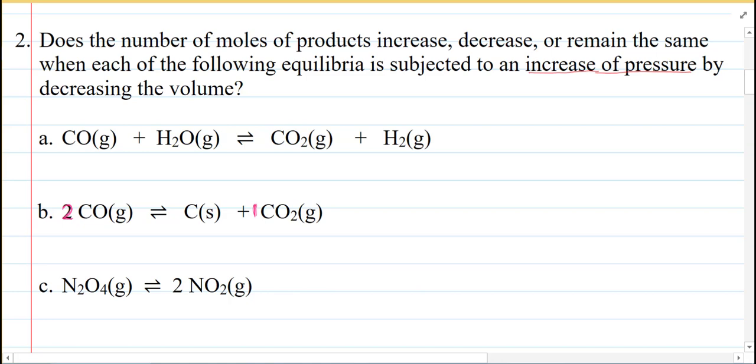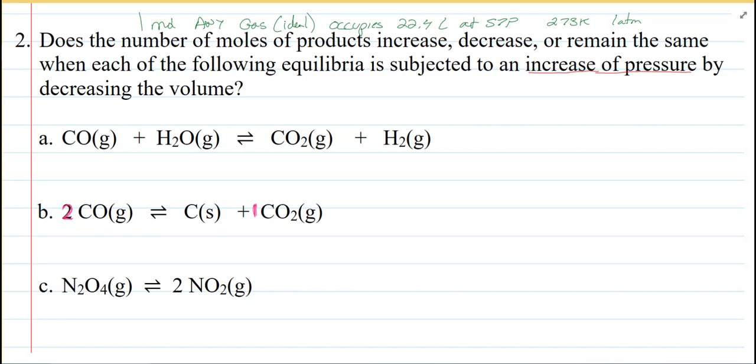Now, if you remember the ideal gas law, 1 mole of any gas that's ideal occupies 22.4 liters at STP, which is 273 Kelvin and 1 atmosphere pressure. Well, it doesn't matter the conditions. The point of this statement is that all gas molecules are relatively the same size, so they take the same amount of space.